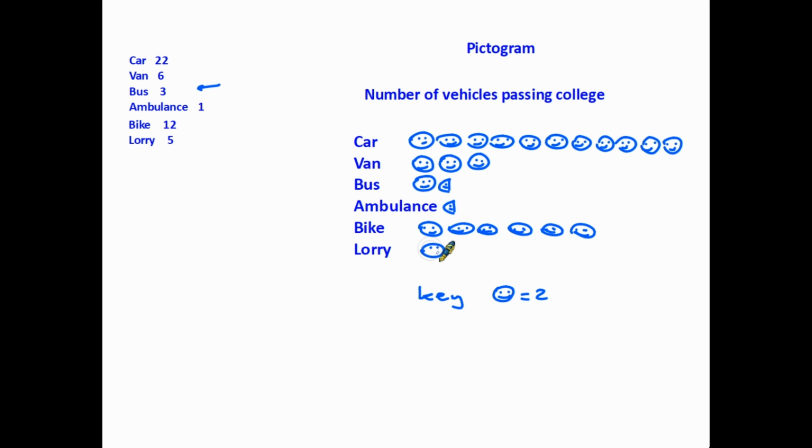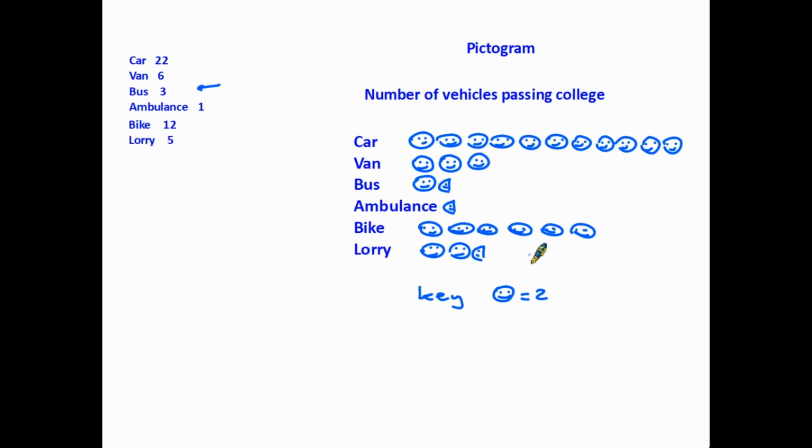Lorry is 5, 2, 4, and a half a one is 5. You can imagine if the picture that you've chosen is more difficult, then drawing half a one might give you problems, and that's why it's so important to keep it simple. This is where the pictogram has a slight downfall.